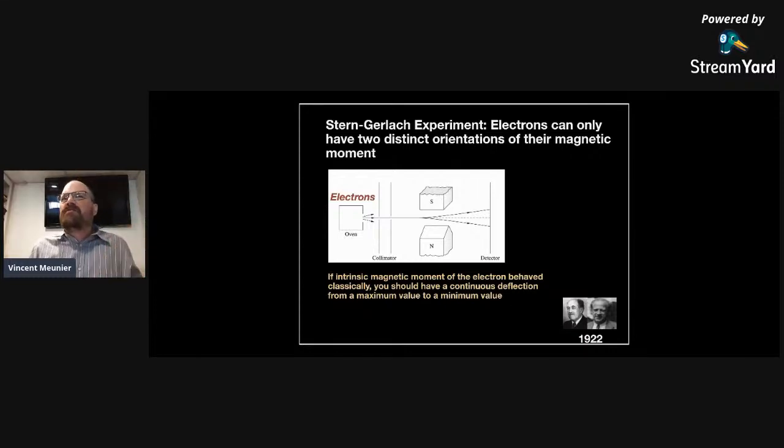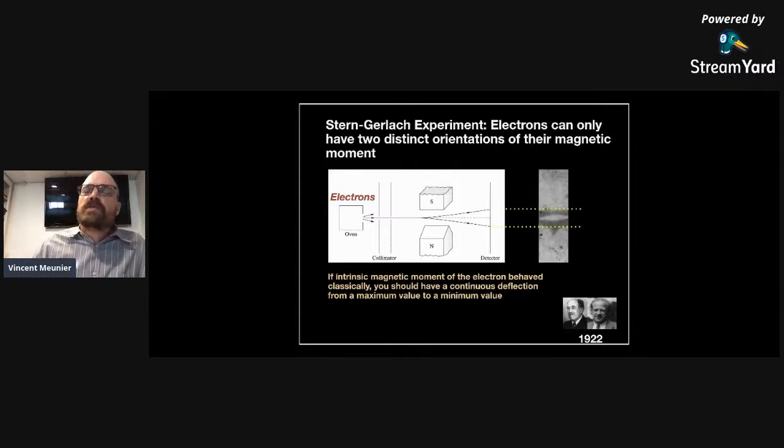That's what classical physics would tell you. Well, the Stern-Gerlach experiment in 1922 showed that this is not the case. What happened, and this is the plate from 1922, is that you only have two deflections, two traces shown by the yellow line, either up or down. That means there is a magnetic moment associated with the electron which is quantized. Again, a big finding.